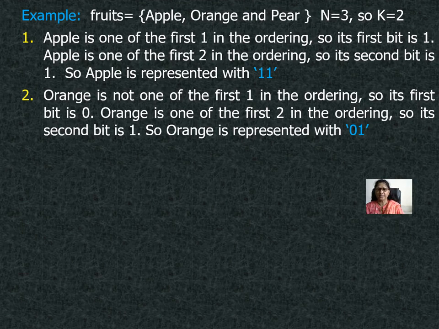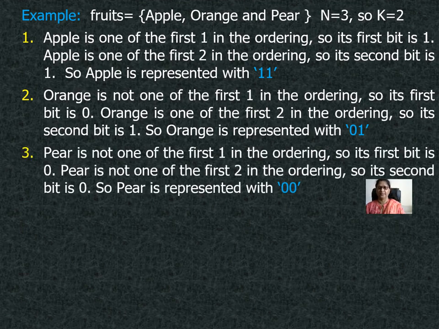Orange is not the first in the ordering, so its first bit will be set to 0. But if you look at orange among the 2, then it is the first one in the remaining ordering. So orange is one of the first 2 in the ordering, so its second bit will be set to 1. So orange is represented as 0, 1.